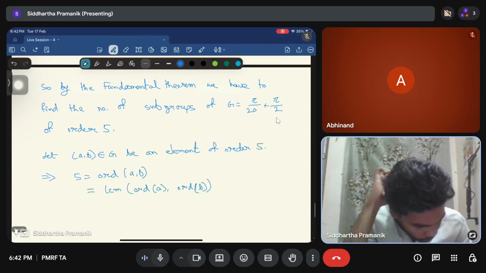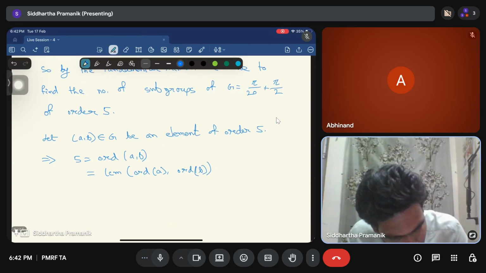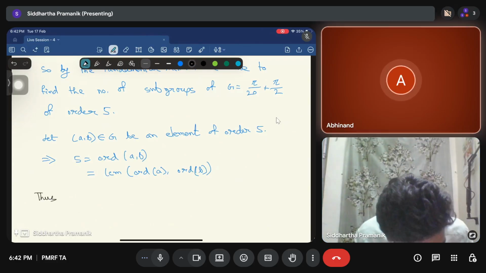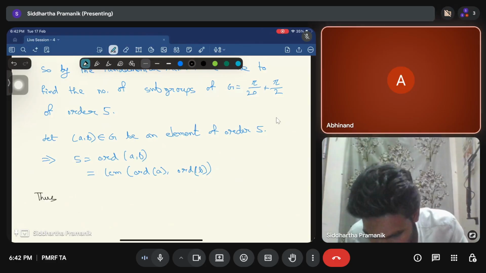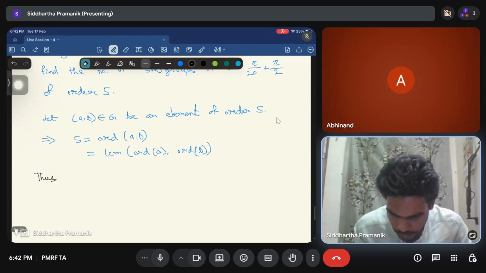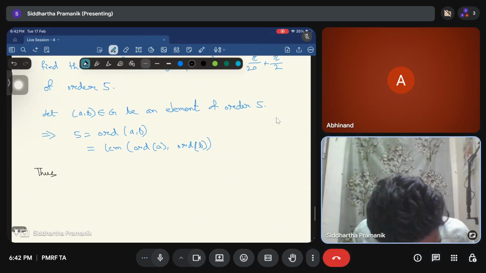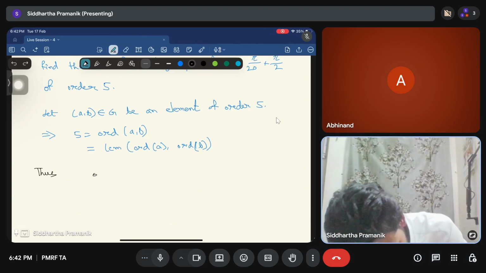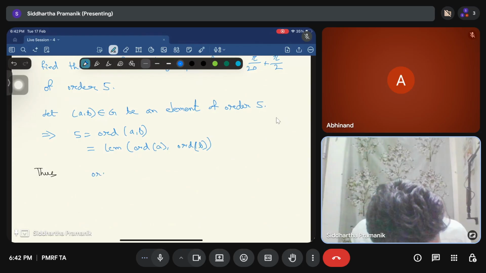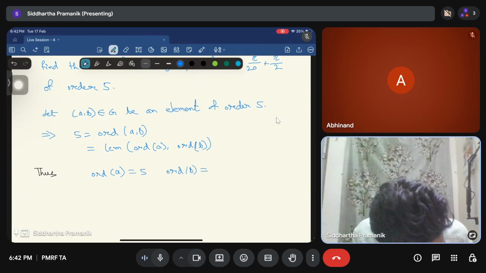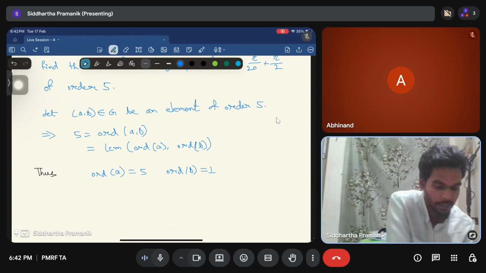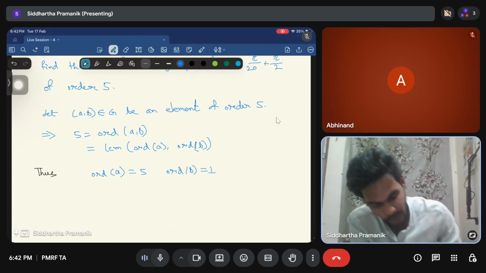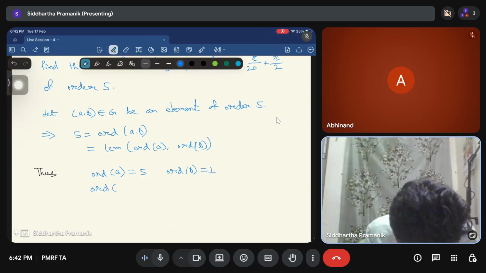Now let's write down the possibilities one by one. There is exactly one possibility. Is it so? Okay, let me check and write it down. Here the order of A can be 5 and the order of B can be 1. So the LCM can be 5 in just two ways: one is 5 and 1, and the other is 1 and 5.